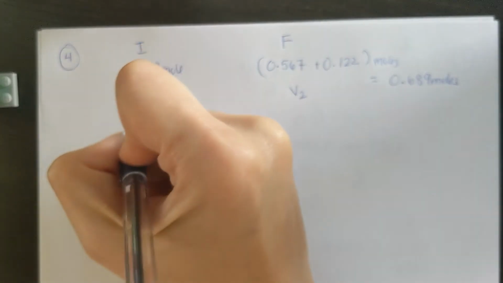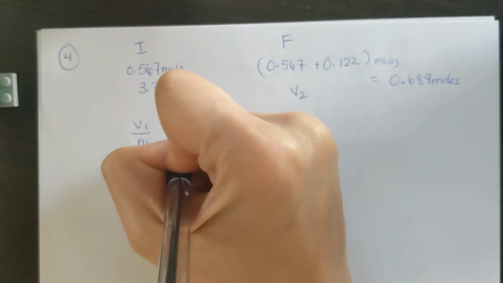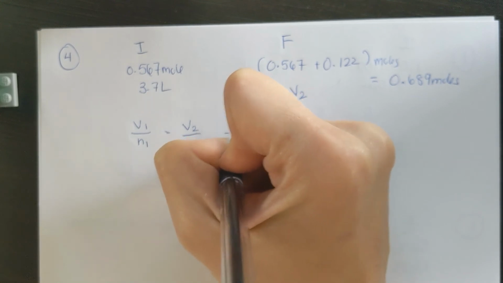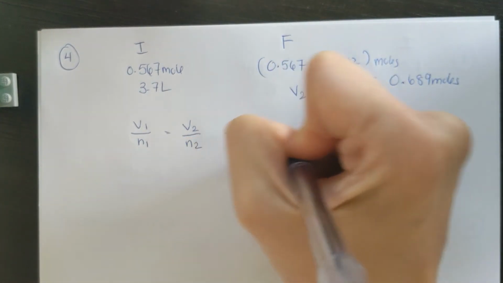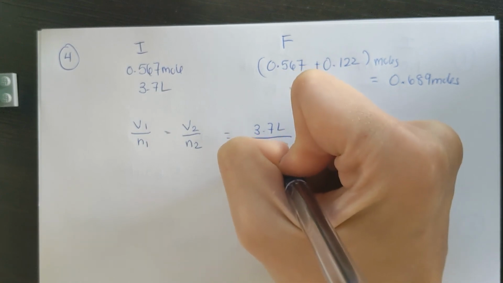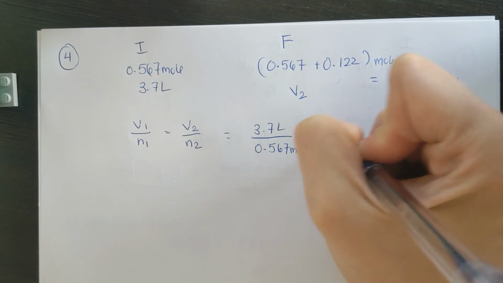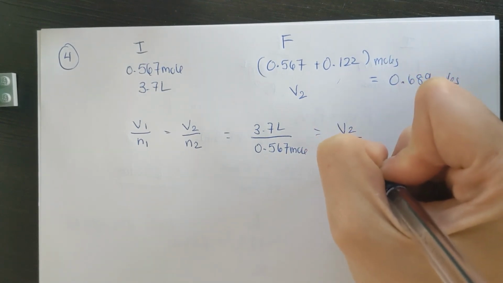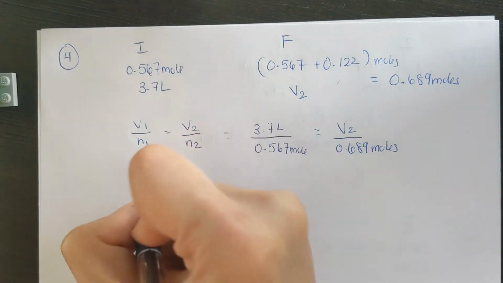Okay, now we can use Avogadro's law. V1 over N1 equals V2 over N2, and we can substitute in. So we have 3.7 liters over 0.567 mole equals V2 over 0.689 moles. Okay, so we're going to solve for V2.